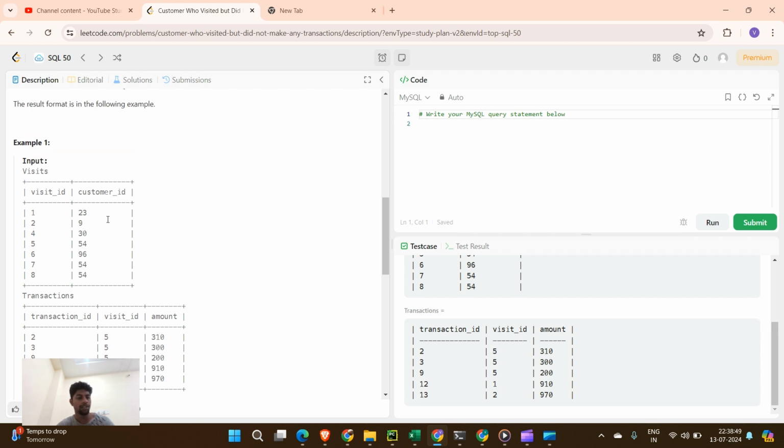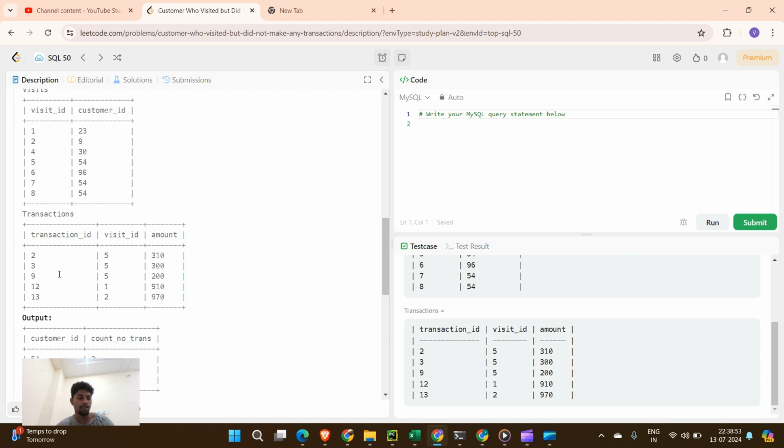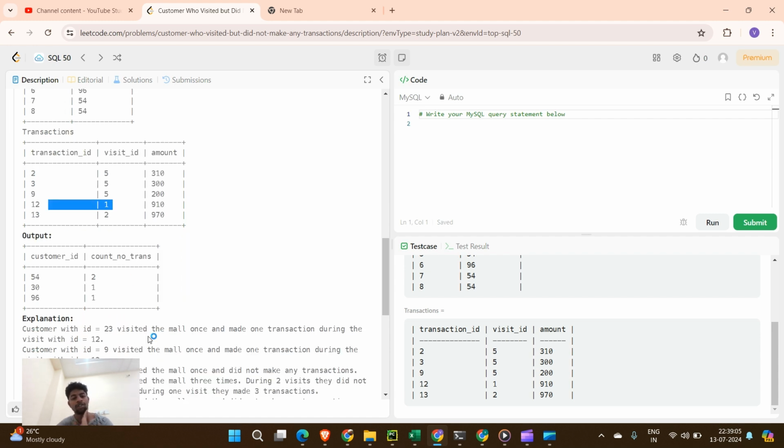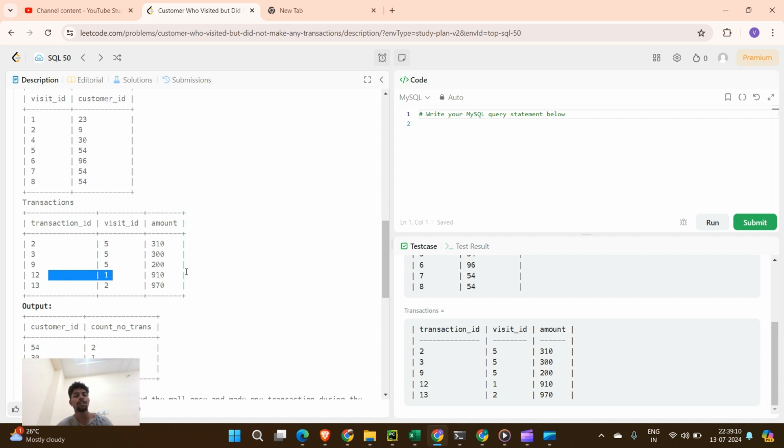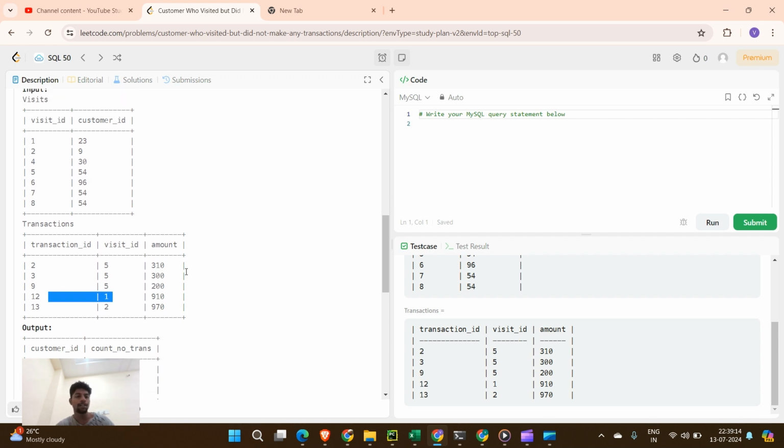Customer ID 23 visited with visit ID 1, and 1 is here, so he did the transaction. So we don't need to give his data, because he already did the transaction. They are expecting the people who didn't do a transaction.